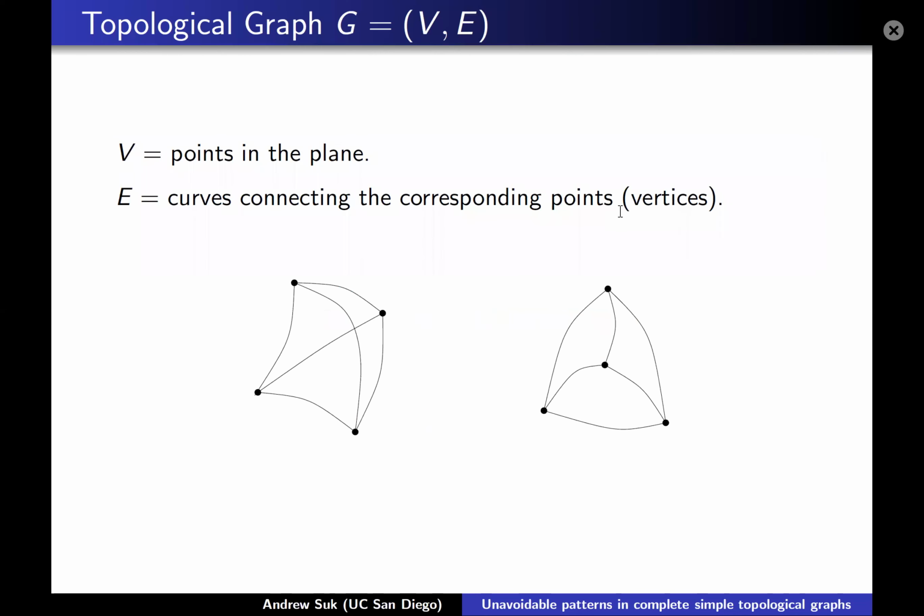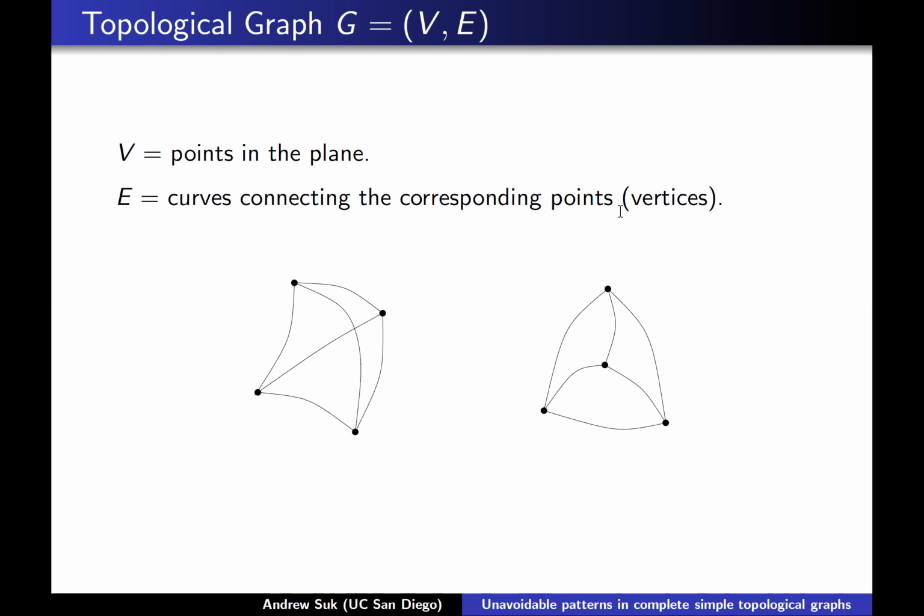And so just to be clear, a topological graph is just a graph where your vertices are points in the plane, and then your edges are curves that are connecting the corresponding points. And at least for me, I got into graph drawing through this famous or pretty well-known conjecture about quasi-planar graphs.